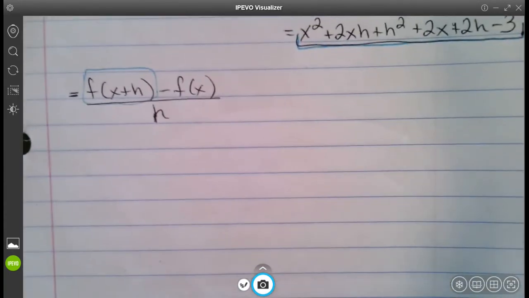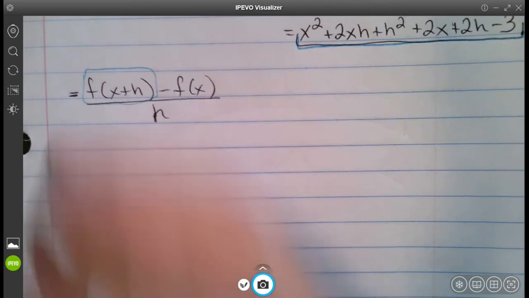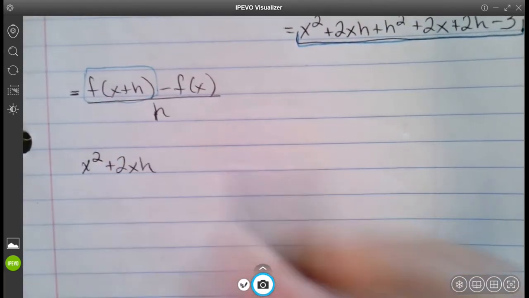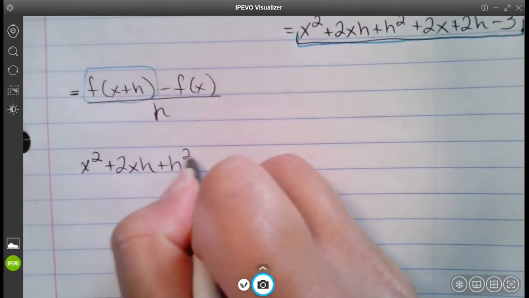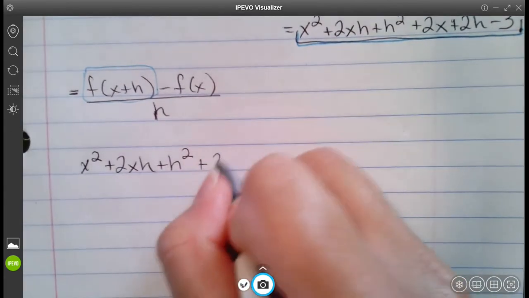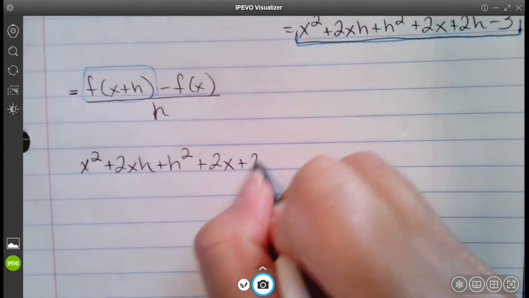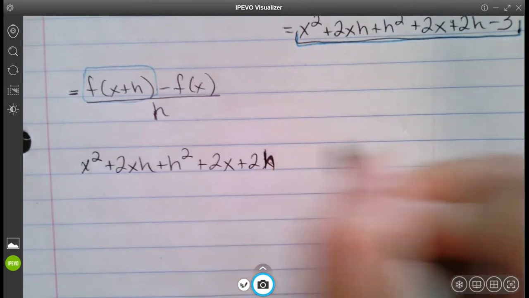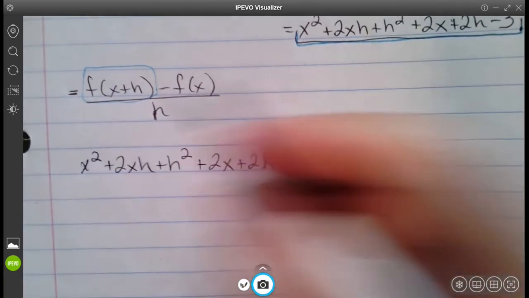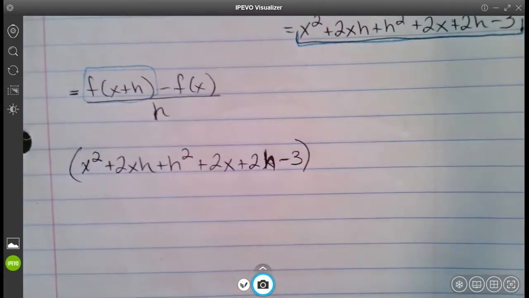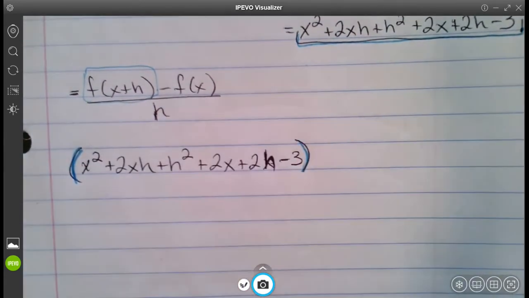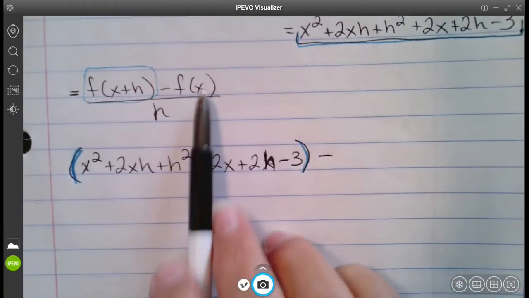So let me write that out first. x squared plus 2xh plus h squared plus 2x plus 2h, oh, that's an h, minus 3. So all of this is that first part, okay, minus f of x.